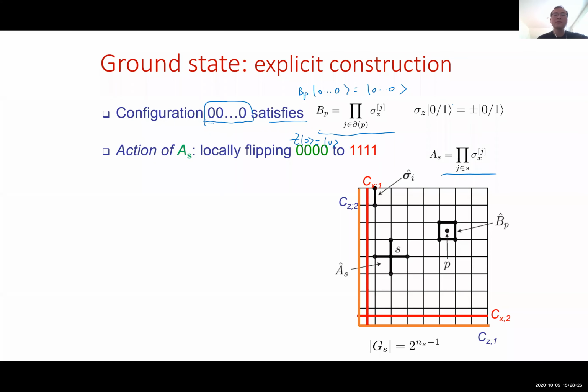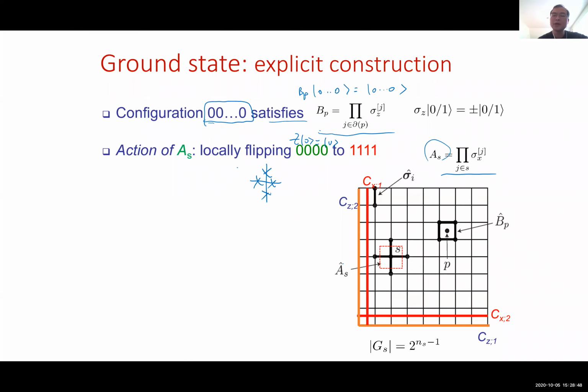So then we need to see if we can satisfy the A_s. And A_s locally flips, for example, as shown here, they locally flip 0 to 1, right? And they flip in this plaquette sense. Sorry, in the star operator sense.